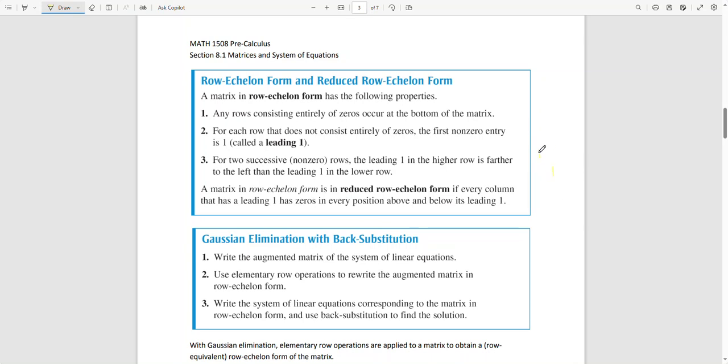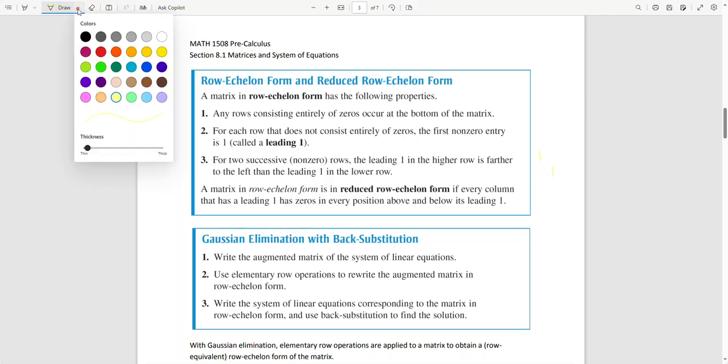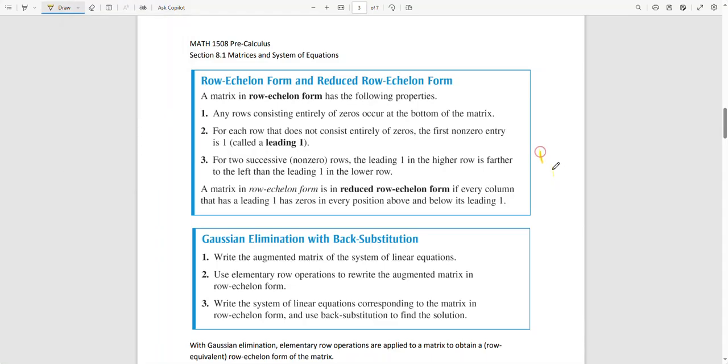So if I have a leading one here in the first column, then it has to be in the first row because further to the left is higher in the matrix. A matrix in row echelon form is in reduced row echelon form if every column that has a leading one has zeros in every position above and below it. So in echelon form, we will have something like this.